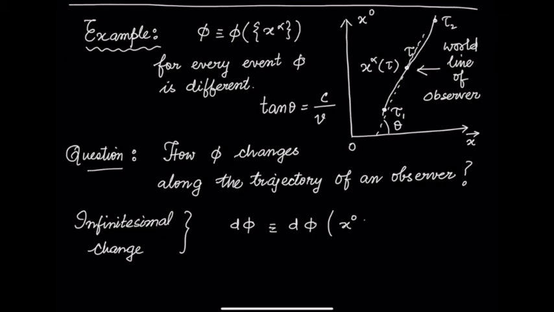So x0 is a function of tau, x1 is a function of tau, x2 is a function of tau. So though phi is not an explicit function of tau, through the dependence of tau in x0, x1, x2 and x3, it will be a function of tau. Remember that we are saying this for a very specific case. We are not saying how phi changes in general, we are saying how phi changes along the trajectory of an observer. That is important.